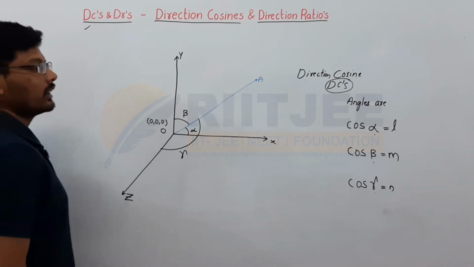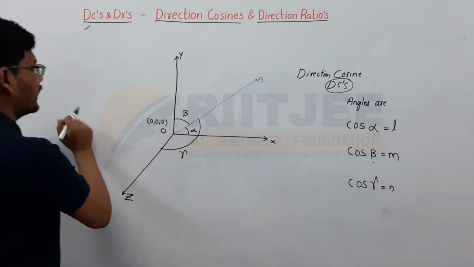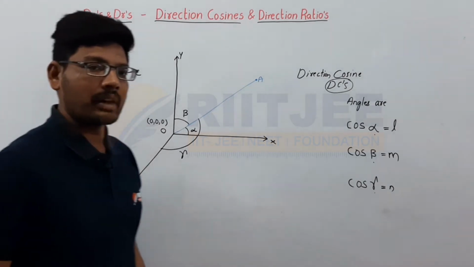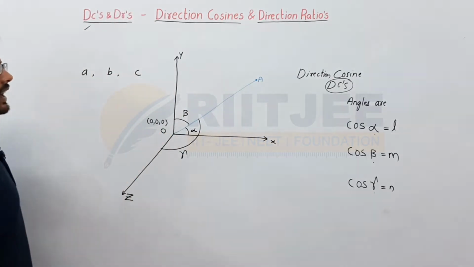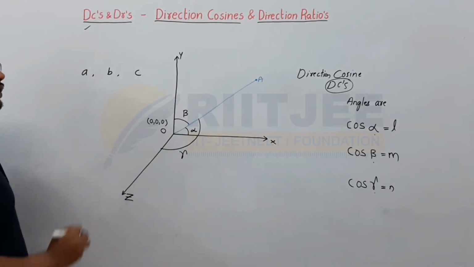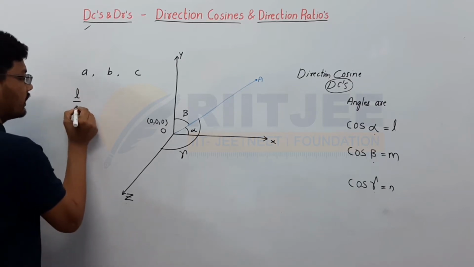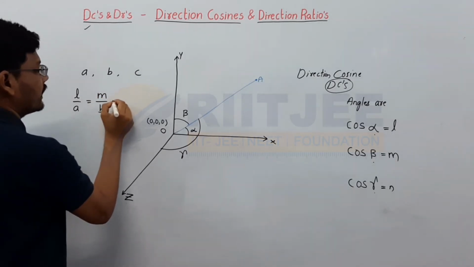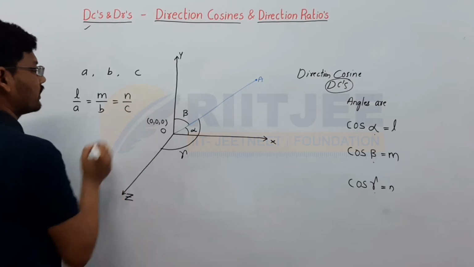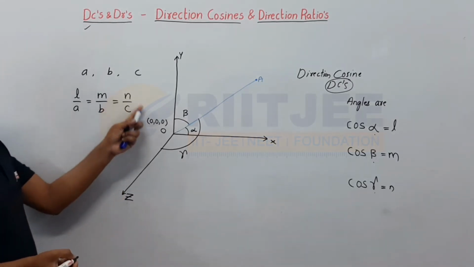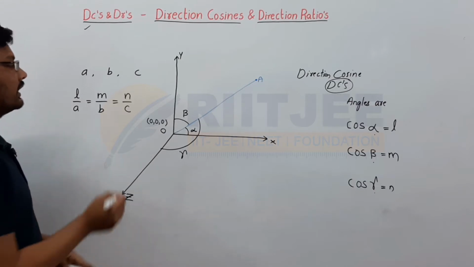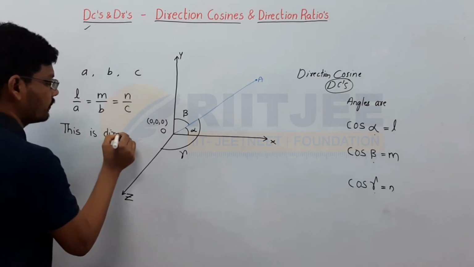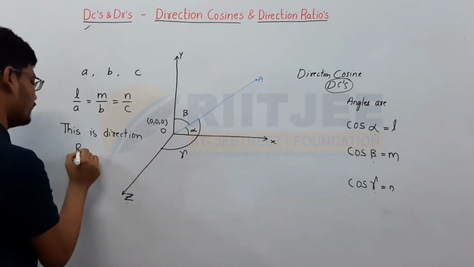L, M, N are represented here, and I am taking three values A comma B comma C. So the ratio L by A is equal to the ratio M by B is equal to the ratio N by C. If this condition is satisfied, then this is nothing but the direction ratio.